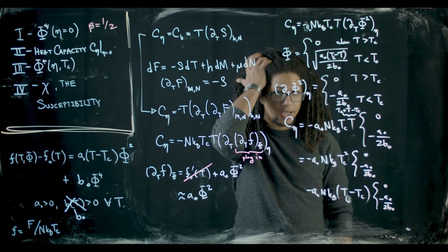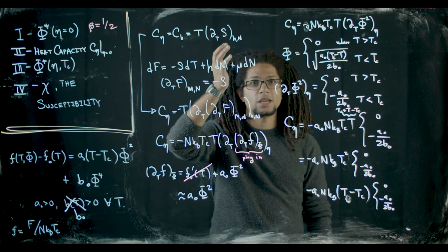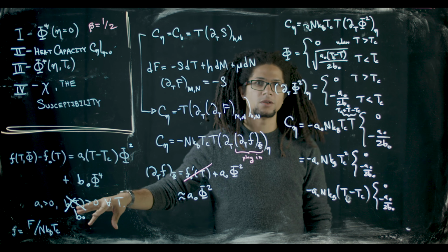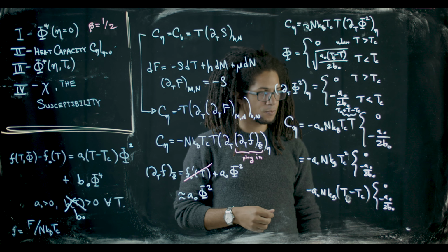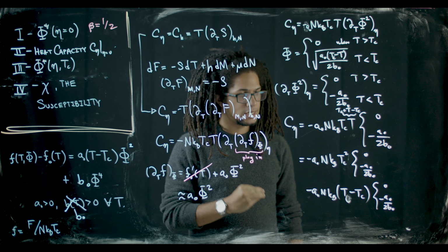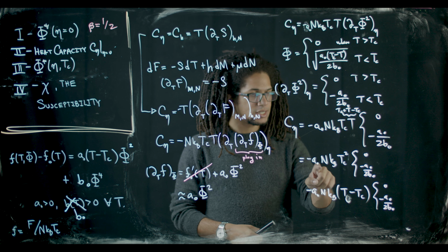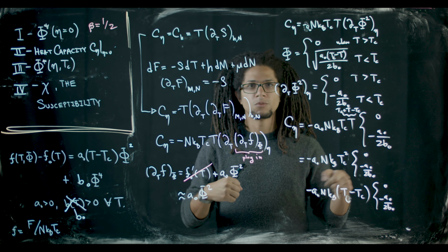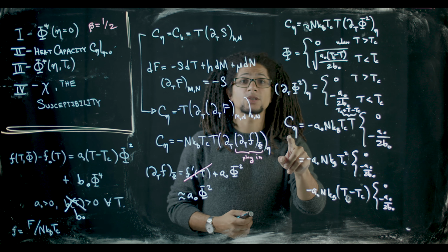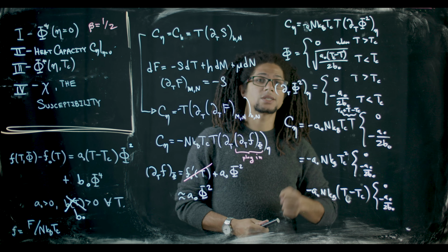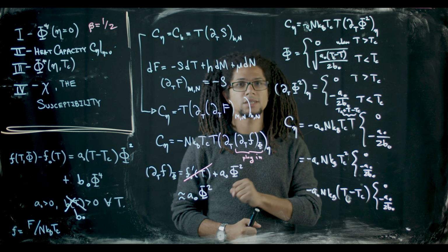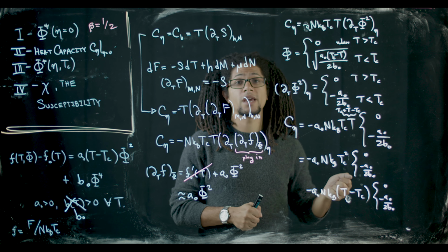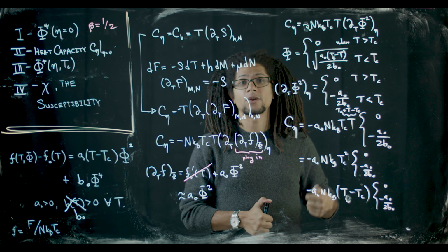So notice that I have two cases. In the first case, when T is greater than T_c, C_eta is just 0 to the level of approximation that we've made here. When T is less than T_c, then we have this T_c term dominating here. And so to the highest order, C_eta is also constant. So C_eta is constant when T is less than T_c and we're approaching T_c, and C_eta is constant when we are greater than T_c.